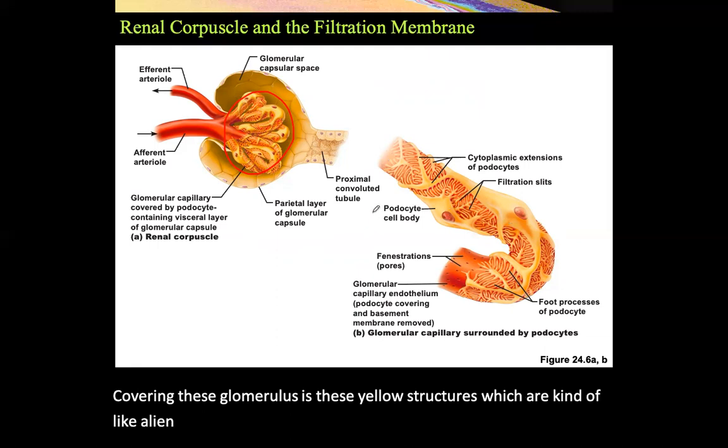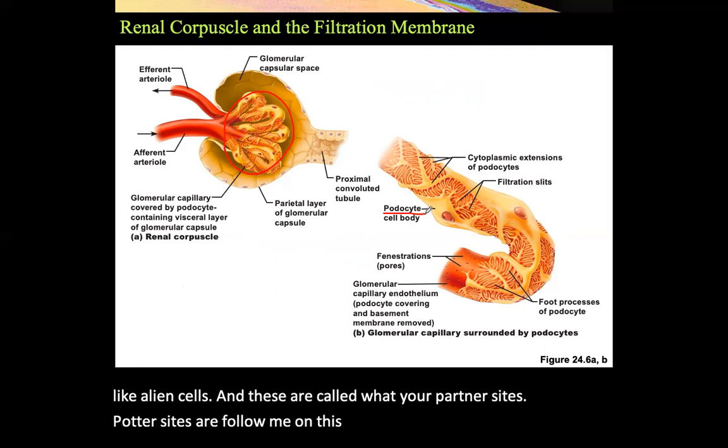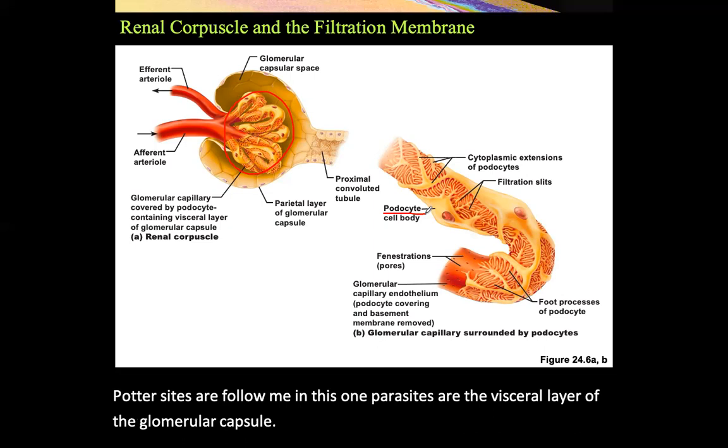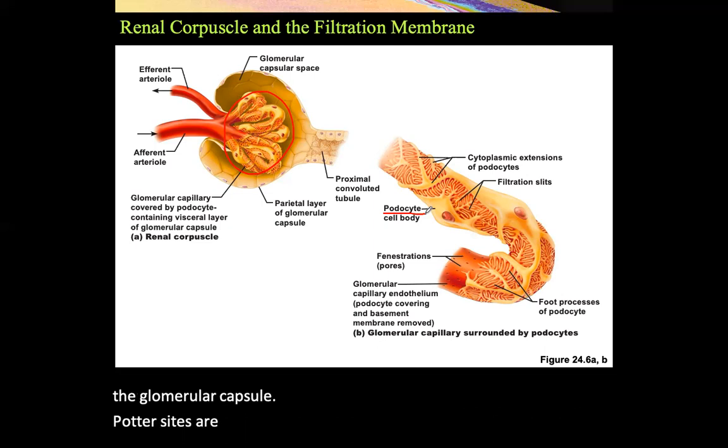And these are called what? Your podocytes. Podocytes are, follow me on this one, the visceral layer of the glomerular capsule. What is my parietal layer of the glomerular capsule?